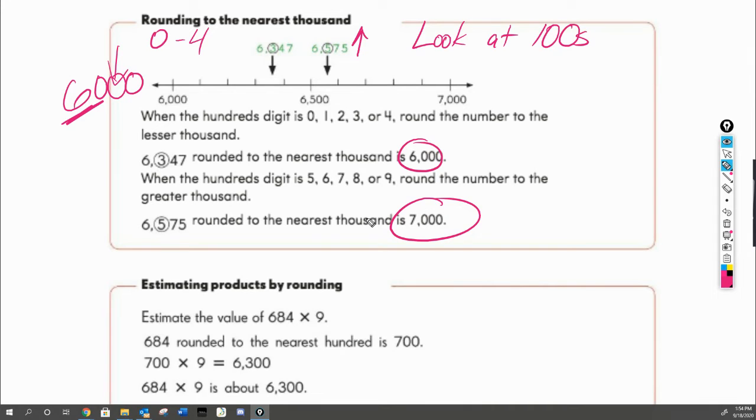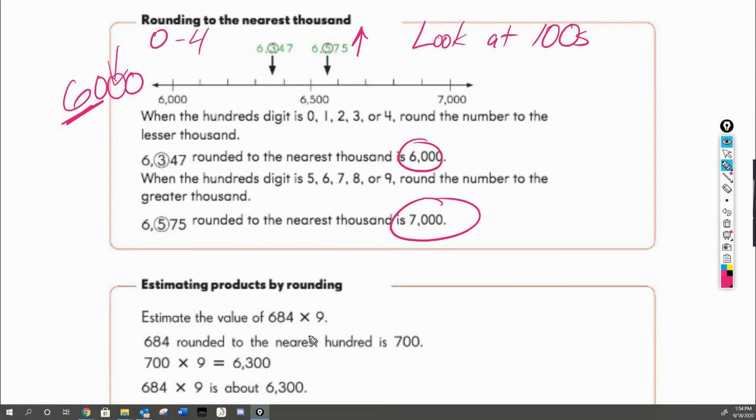And finally, I love estimation. It's a very, very highly useful math skill. If I want to find out 684 times 9, but I don't exactly need to know the exact amount, like I want to buy 9 Labradoodles because one's not enough, and every Labradoodle's like $684. Before I ask my mom if I can buy those Labradoodles, I got to give her an estimate.